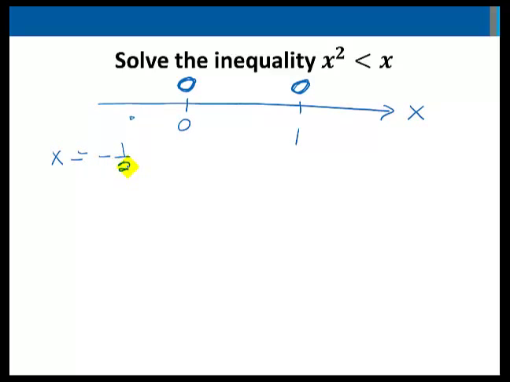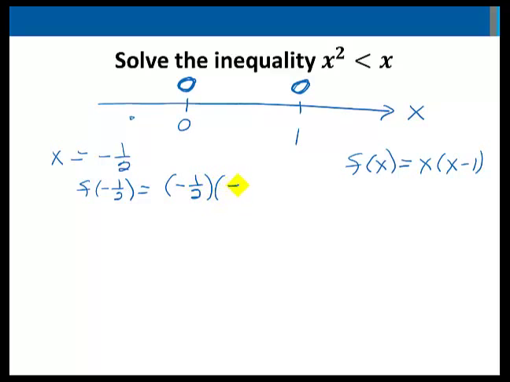And so remember, f of x is x times x minus 1. So if I find f of -1/2, I will have -1/2 times -1/2 minus 1. So I have a negative times a negative, giving me positive f of x values in the first interval.